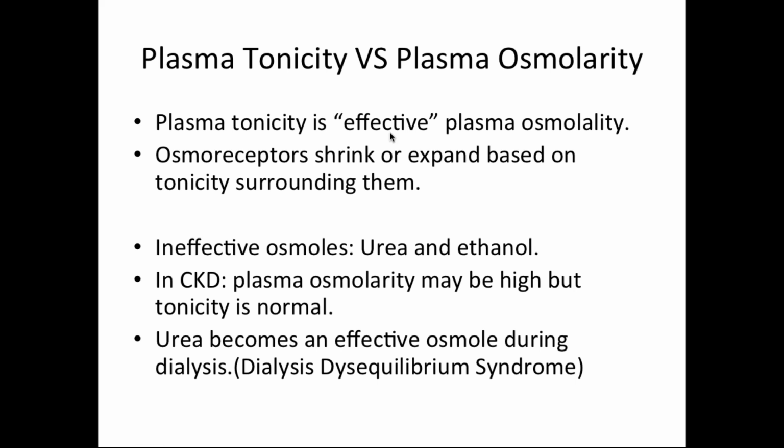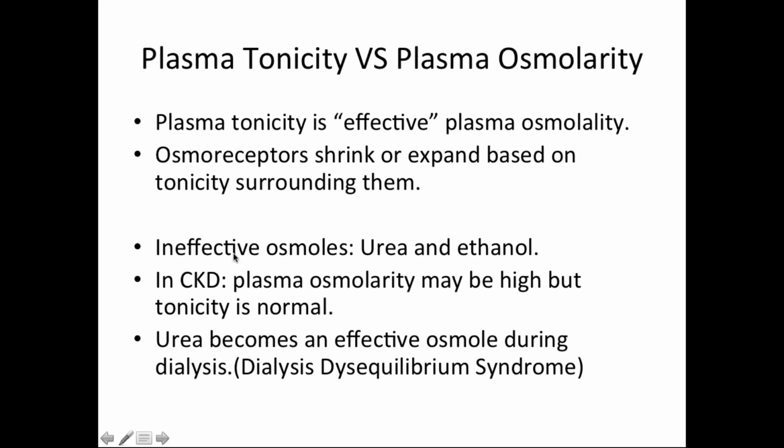But there are some ineffective osmoles like urea and ethanol, which freely distribute across the cell membrane and hence do not cause the osmoreceptors or any other cells to shrink or expand. That is how the osmoreceptors actually respond to and sense osmolarity: by a change in the size of the osmoreceptor based on the tonicity that is surrounding them.